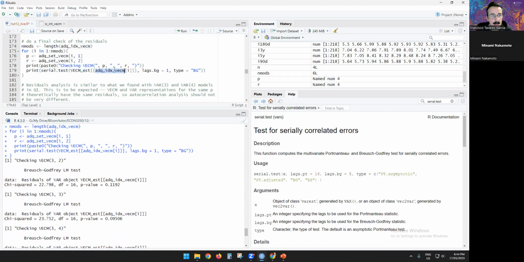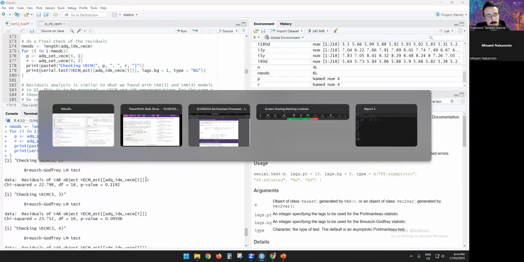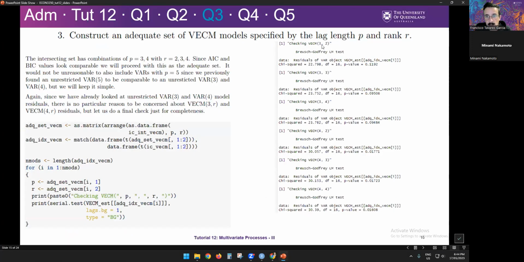And then the model we have, which is being pointed here, we're telling it once again lags 1, and the type of test, Breusch-Godfrey. That's it. Look at what we get here, and I've put them in our slides. We have 1, 2, 3, 4, 5, 6.